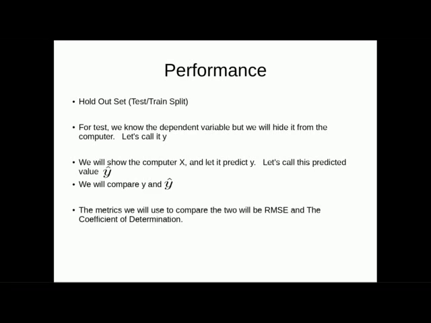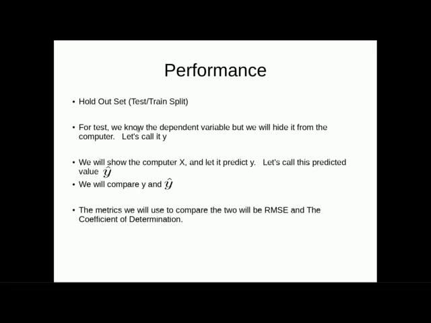Just to recap, we're going to take our historical data that we're going to use to train our algorithm, and we're going to take just a little bit of that data, split it off and hold it aside. Then later on, once the algorithm has been trained by the training set, we're going to use the test set to test and see how accurate our algorithm is.